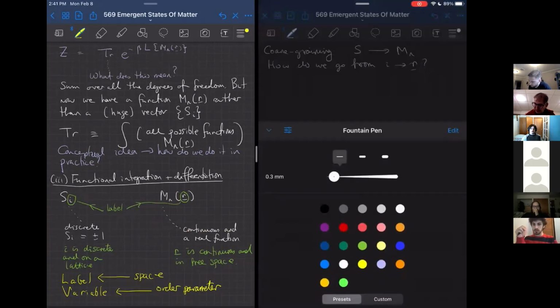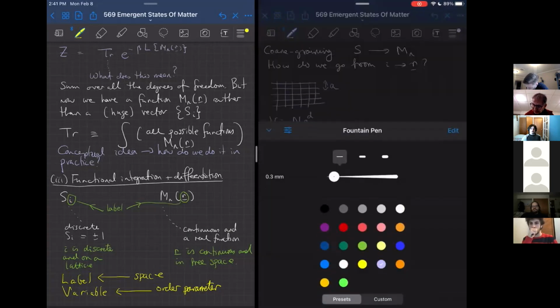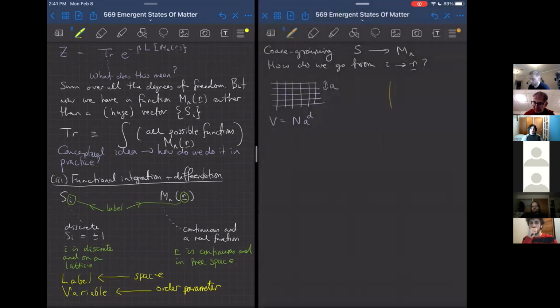So what you might say as well, on the original side, I have some lattice like this. So the spacing here is A, and the volume of the system is the number of lattice points times A to the D, where D is the spatial dimension. And then on the other side over here, I have literally the box of the system, like so. So it has some volume that's like this.